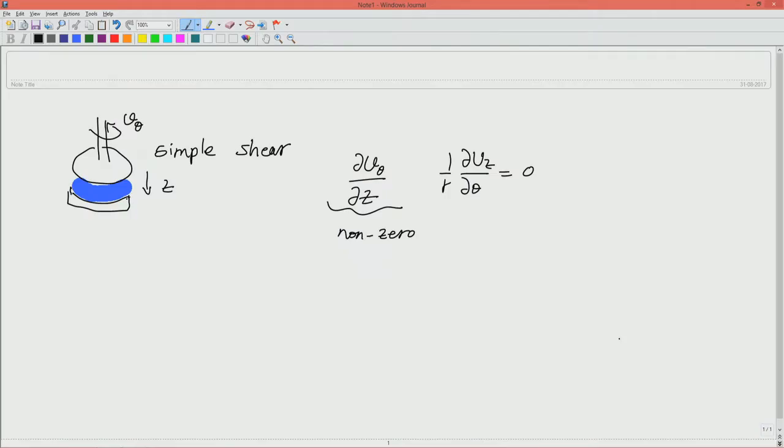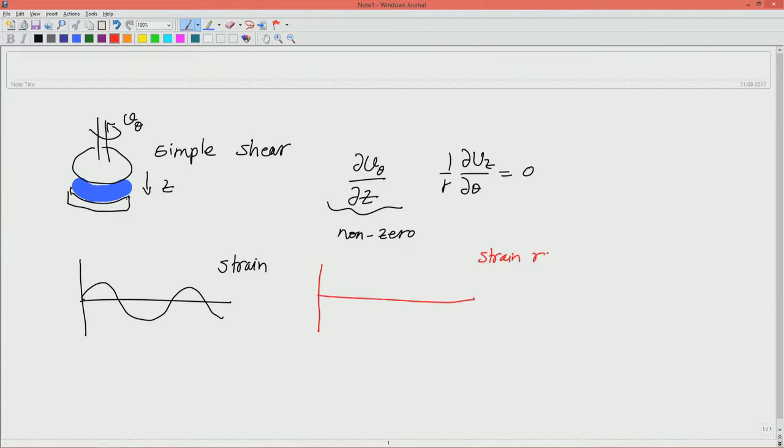What do we mean by this? That if you have a strain which is like this, so if this is the strain, the strain rate will be given by the derivative of strain. So, strain rate is nothing but del by del t of strain, which means it is a time derivative, and so wherever the strain was 0 we will find that the strain rate is maximum.